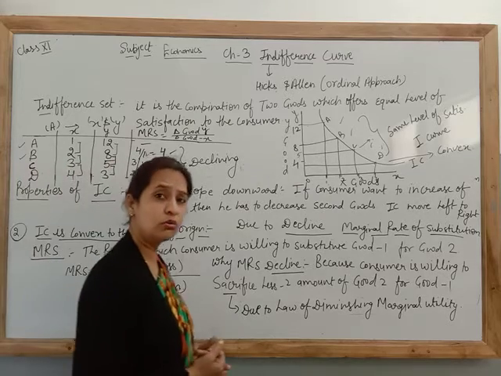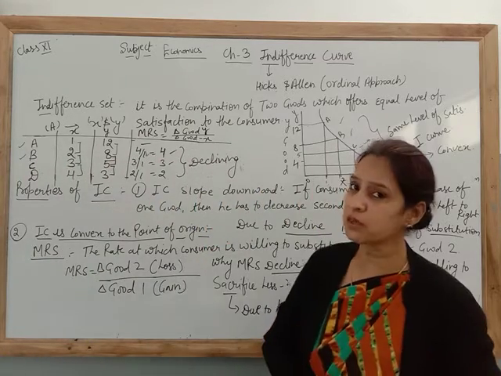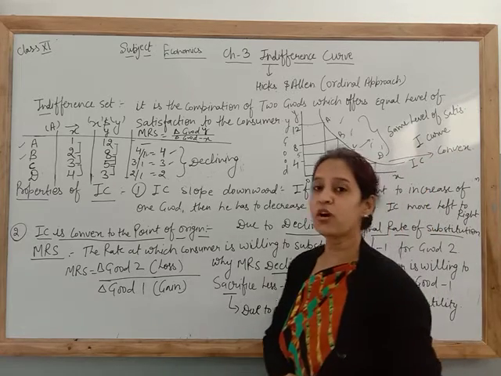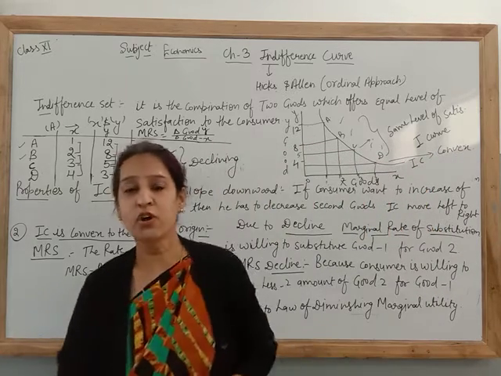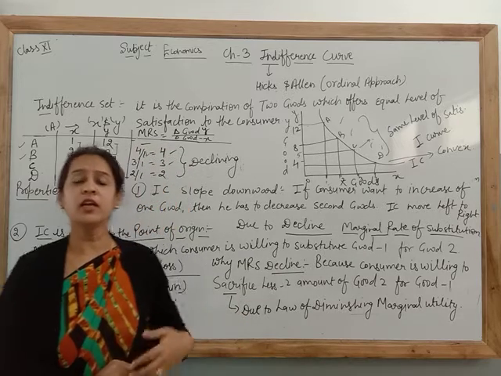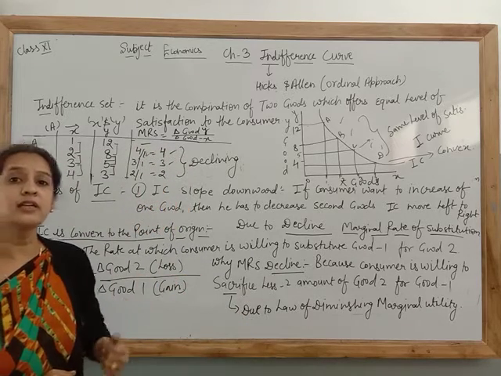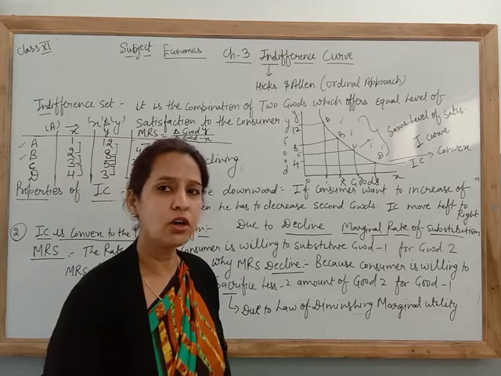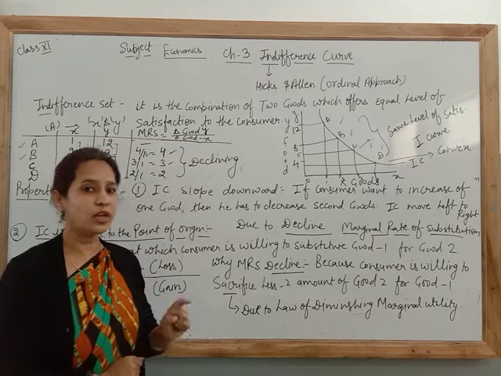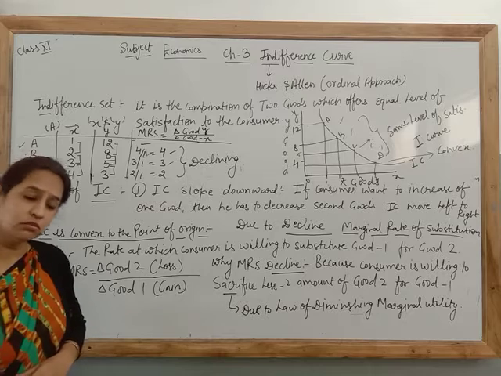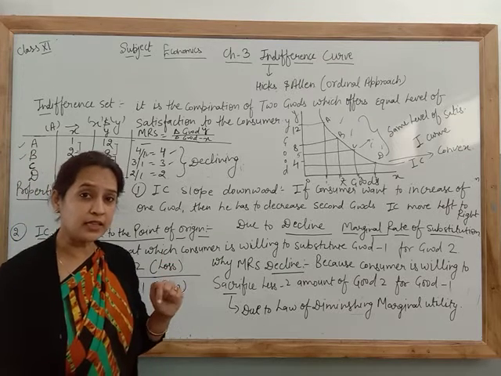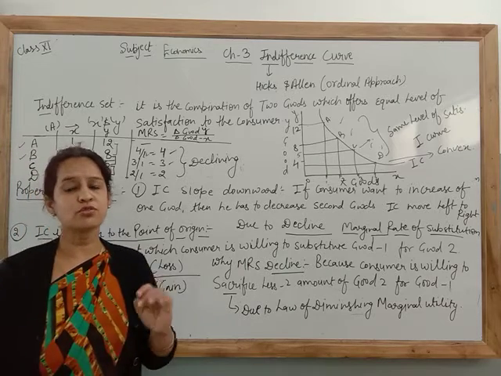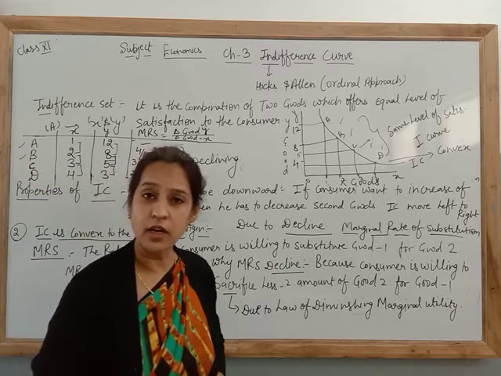I just want to give you a very simple example. Suppose you have so many chocolates with you, and your younger sister or younger brother is crying to take those chocolates. So your mama offers you, give him a few chocolates, and I will give you one ice cream for that. So for getting one ice cream, you have given 4 chocolates to your younger brother or sister.